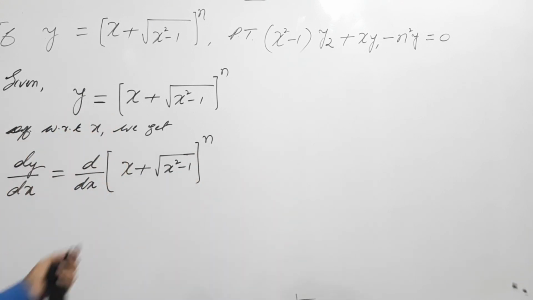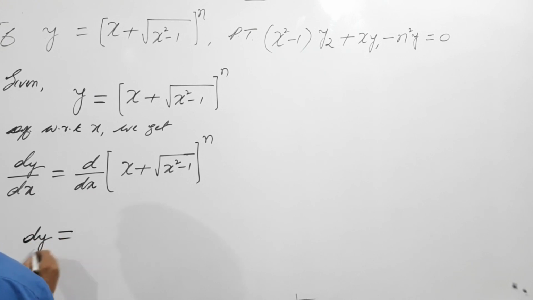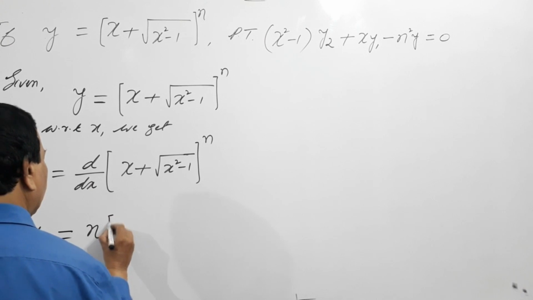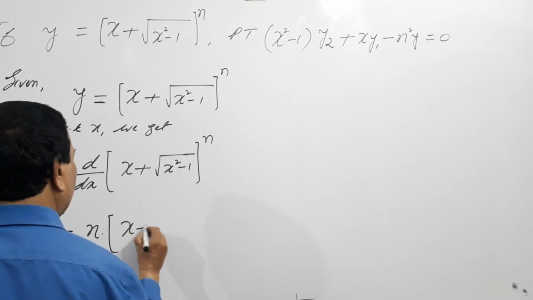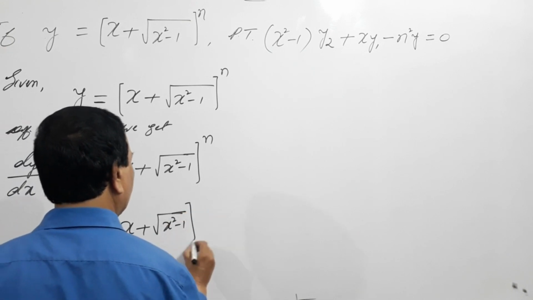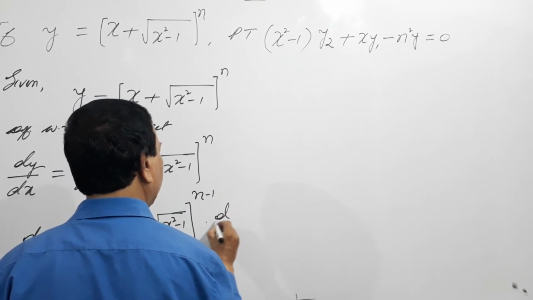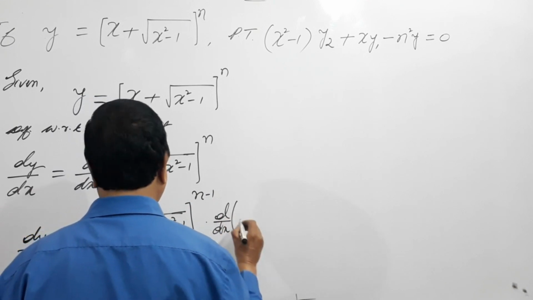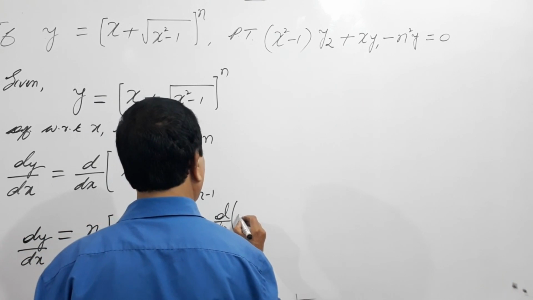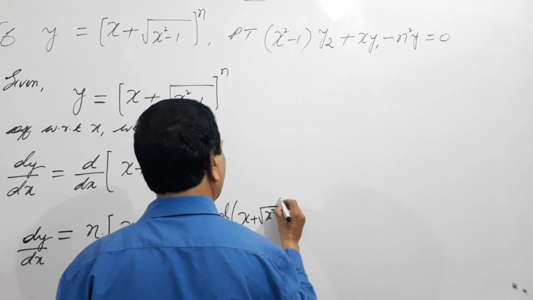So very simple problem, this is of the type x to the power of n. If you differentiate this, dy by dx becomes n into (x plus under the root x square minus 1) to the power of n minus 1 into d by dx of (x plus under the root x square minus 1).